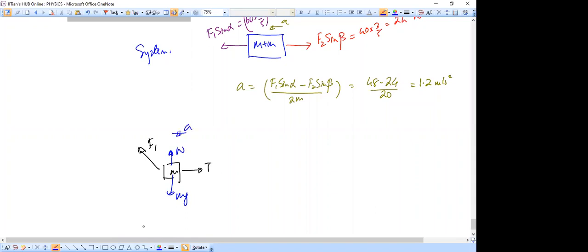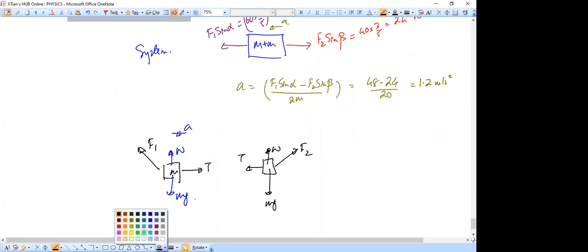Similarly, the second one, there is tension, there is F2, there is weight, there's normal reaction, and it's moving with the same acceleration a. Okay. And further, this angle was alpha, this angle was beta.